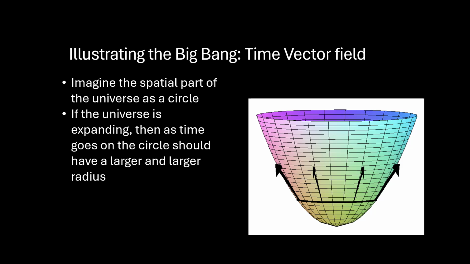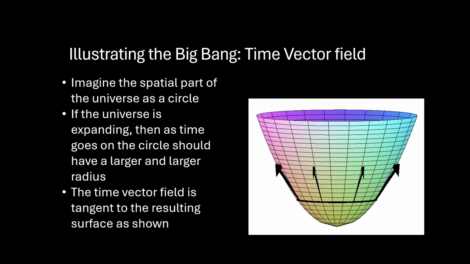Now it turns out, if the universe is expanding, then as time goes on, the circle should have a larger and larger radius, and the time vector field is tangent to this surface. The time vector field will be as depicted here. There'll be vectors on the circle, but pointing in the direction that the universe is expanding.